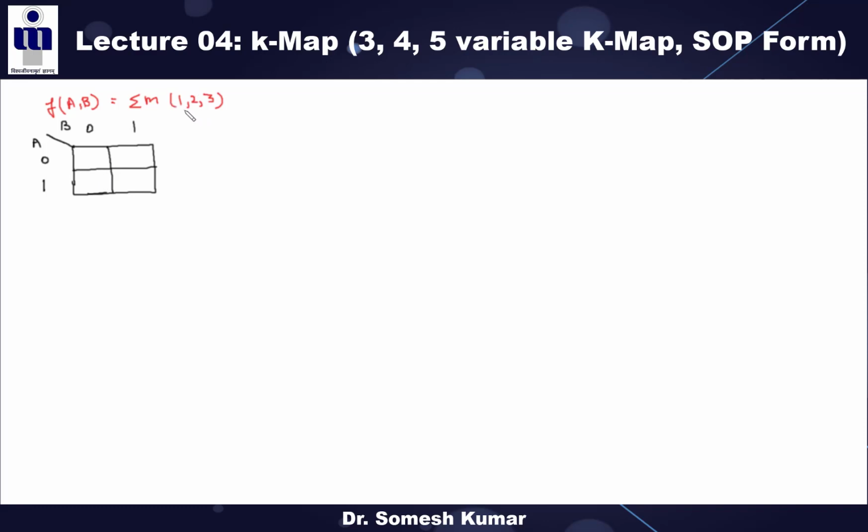At positions first, second, third, this function is 1. What is the meaning of this number 1? It means 0 1, or we can say A bar B. What is 2? A B bar. What is 3? AB, right? This is the meaning of this.